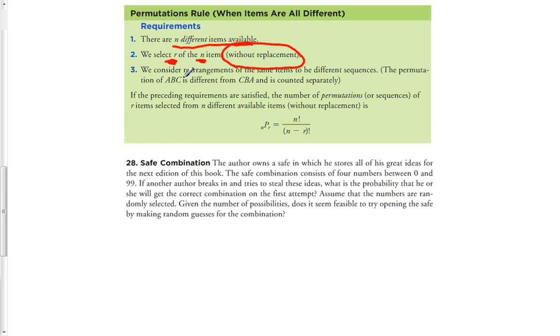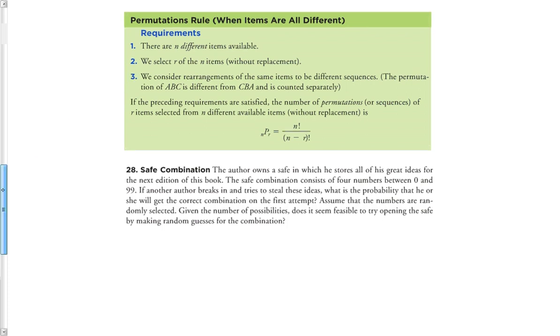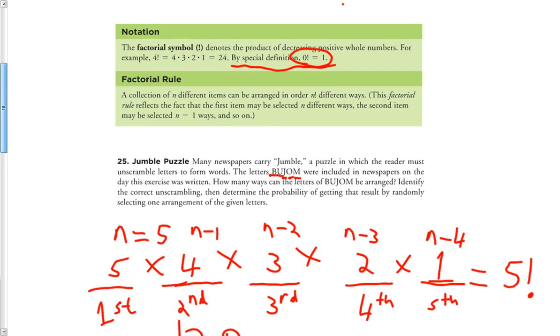Now, the distinction between this and the rule that we just learned, the factorial rule, is that in the factorial rule you have to be making selections from n things, and you have to be selecting all n. So in the factorial rule, we're actually looking at the number of ways of rearranging the total n things.